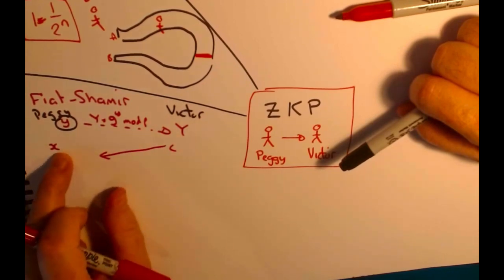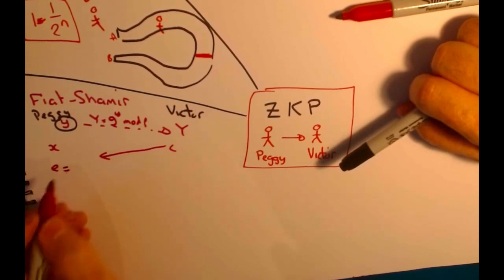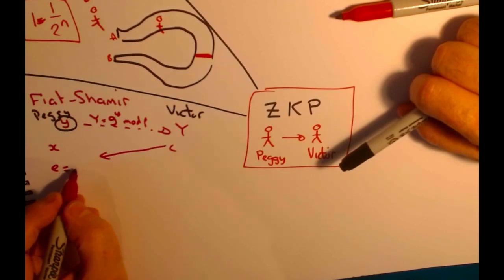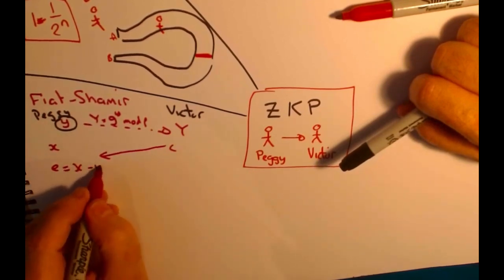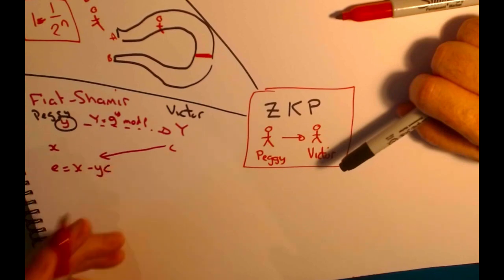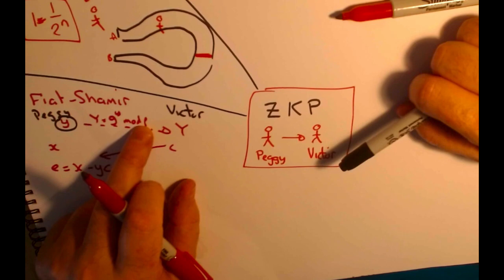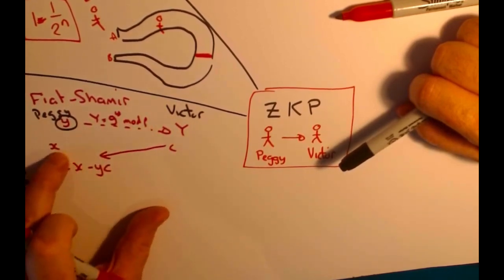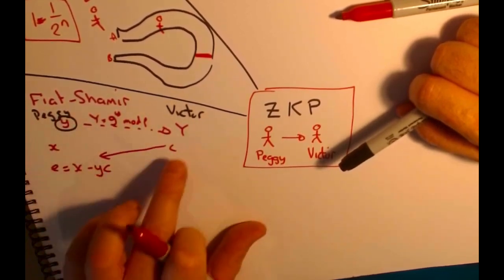And let's say that value is X. Next, Peggy will generate a value E, which is the value of X minus the secret times the challenge. And we'll also take that in terms of mod P, but we'll just leave that off just now. So the calculation is the new random value, the Y value that Peggy has as a secret, and the challenge.